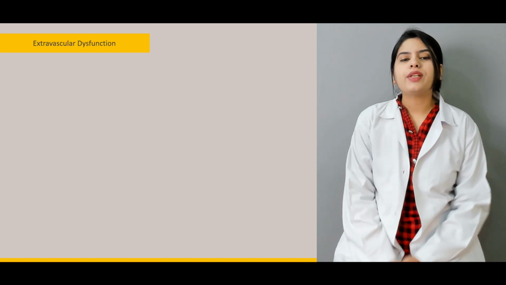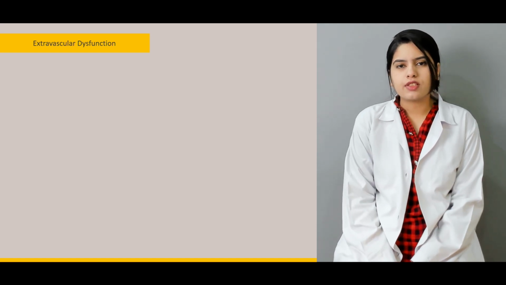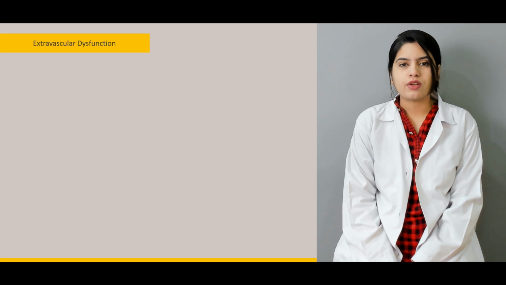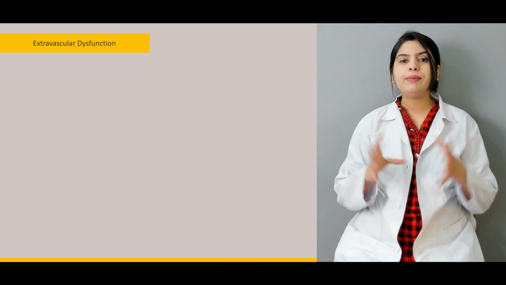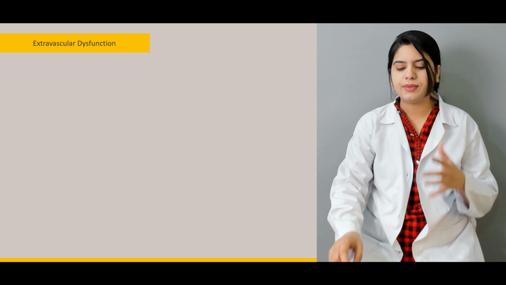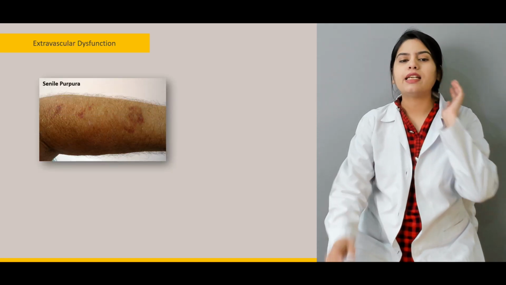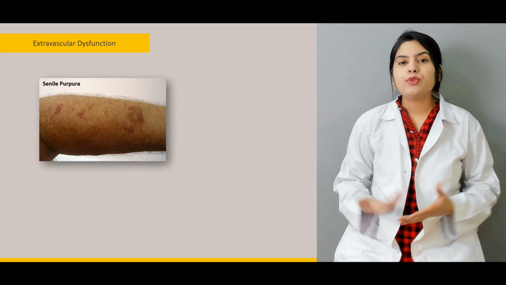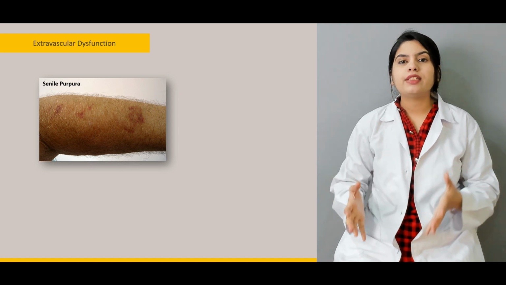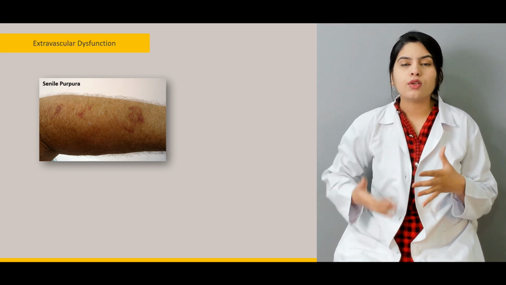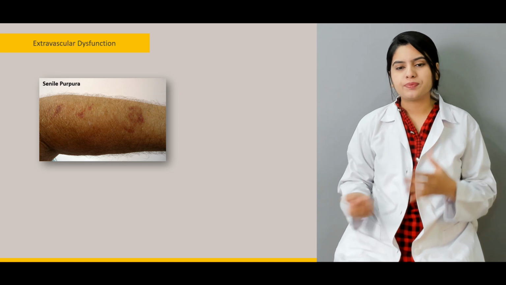Now let's start with the extravascular dysfunction or the extravascular disorders. There are three main extravascular causes of bleeding. The first one is senile purpura. Senile purpura is basically a disorder that is common in adults or old age persons.